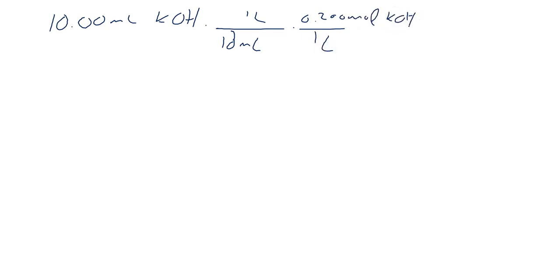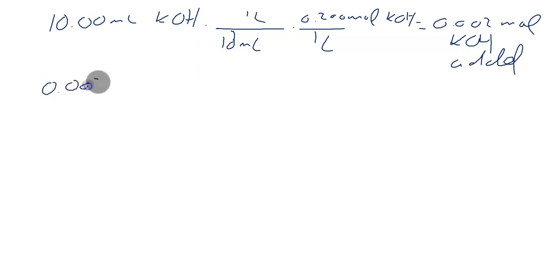So this gives me 0.002 moles KOH added, which is the same as the acid reacted. And I started with 0.002 moles of acid to begin with, right? So I had 0.002 moles of CH3COOH before I added any KOH.